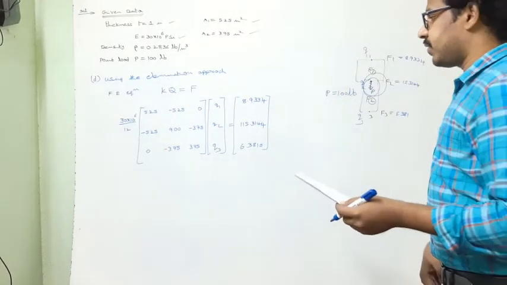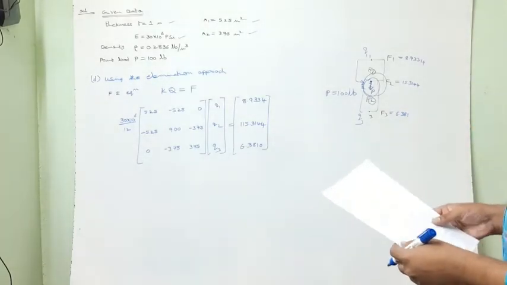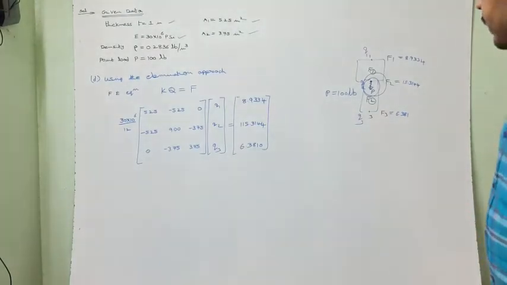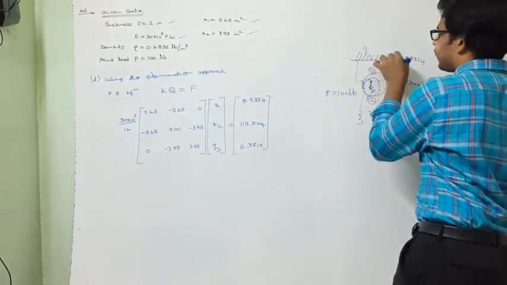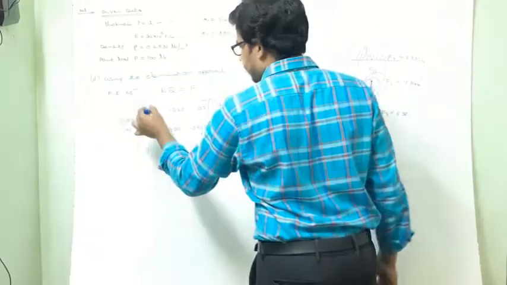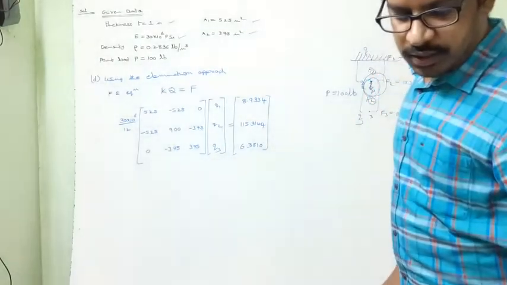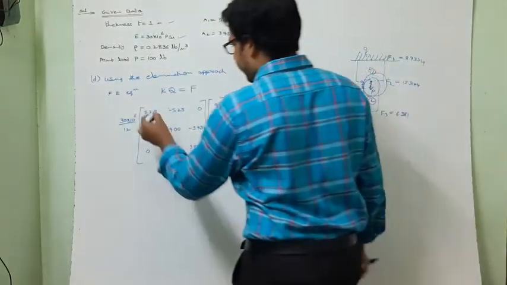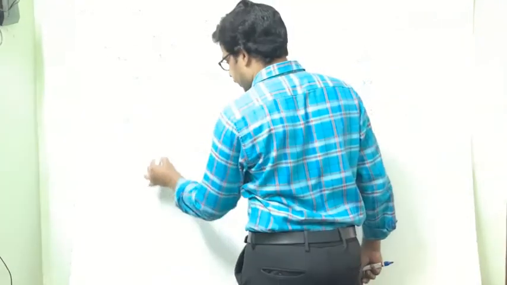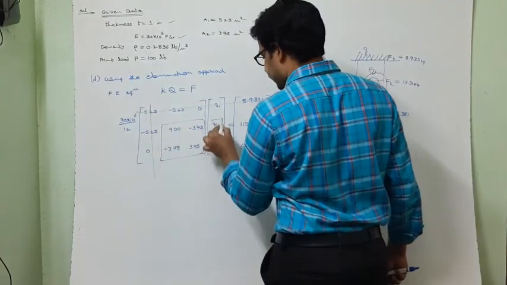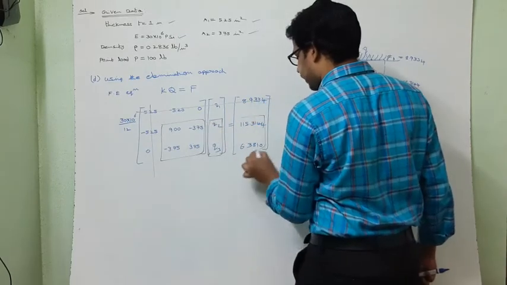So in the given problem, the first node has a fixed end. That's why, by using the elimination approach, we need to eliminate the first row and first column. So here these are the unknown terms for the given matrices.